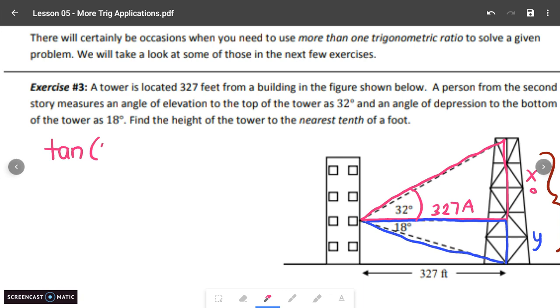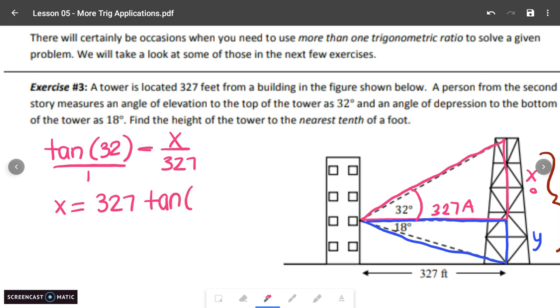Tangent of 32 equals x over 327. So x is equal to 327 tangent of 32.